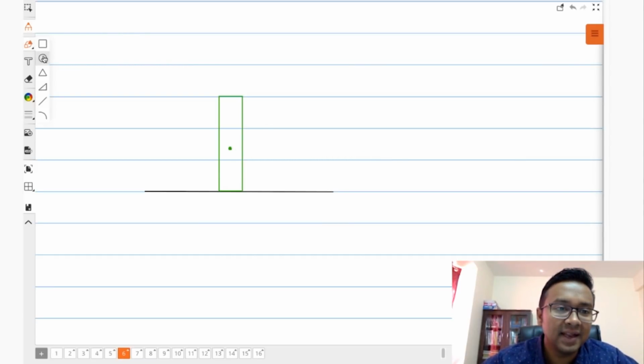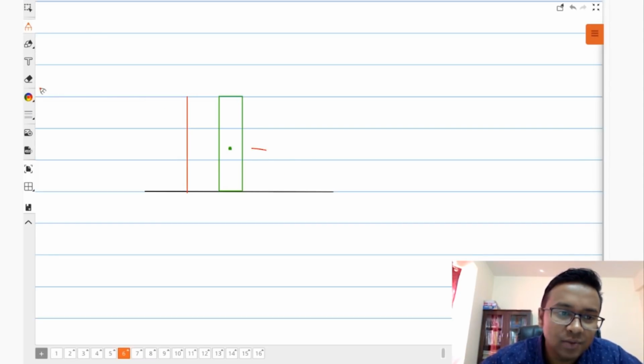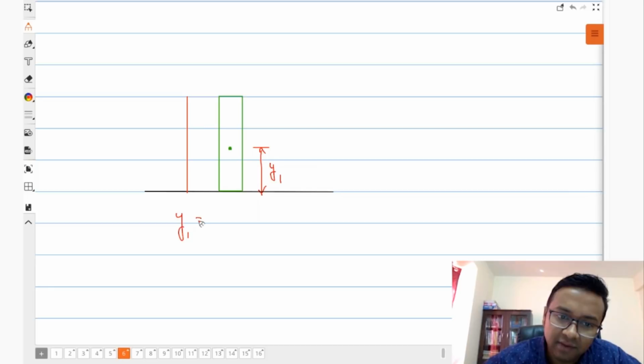If, let's say, this length is L, then students, what is going to be the y coordinate of the center of mass? Call it my y1. If this is my origin here, so y1 we know is going to be L by 2.